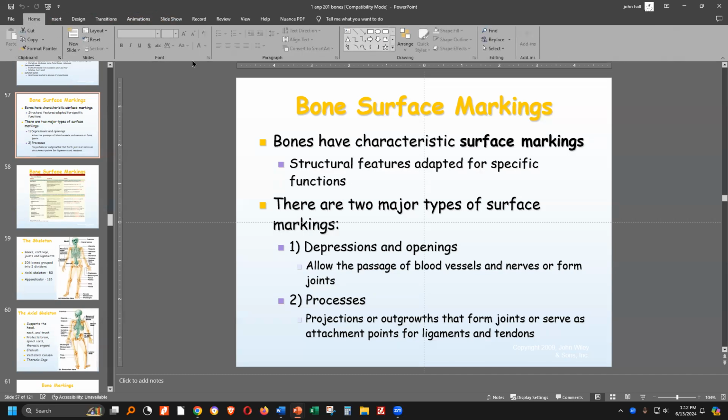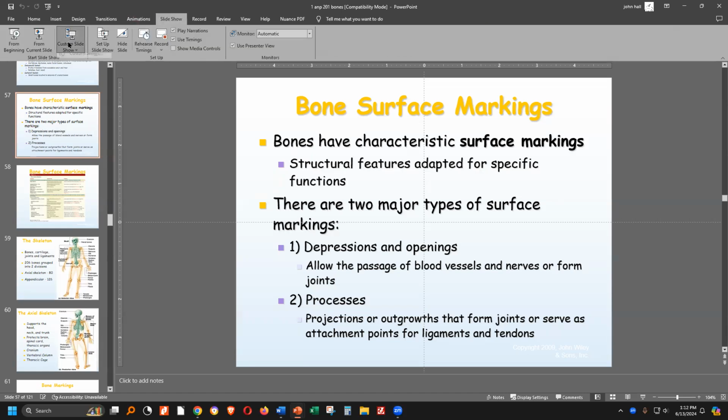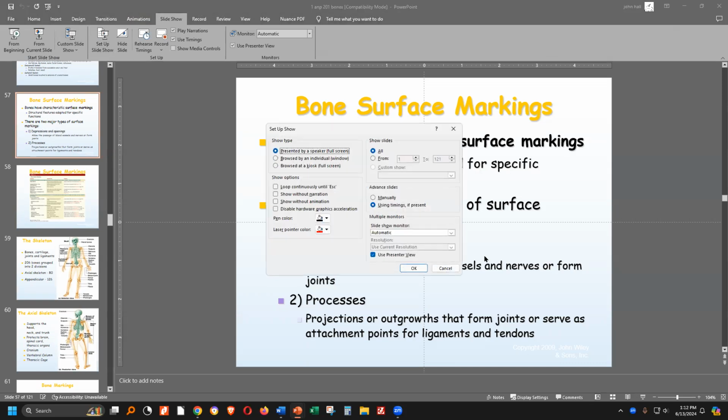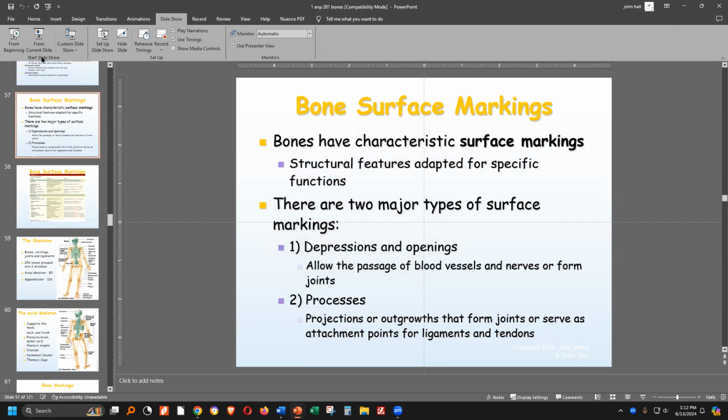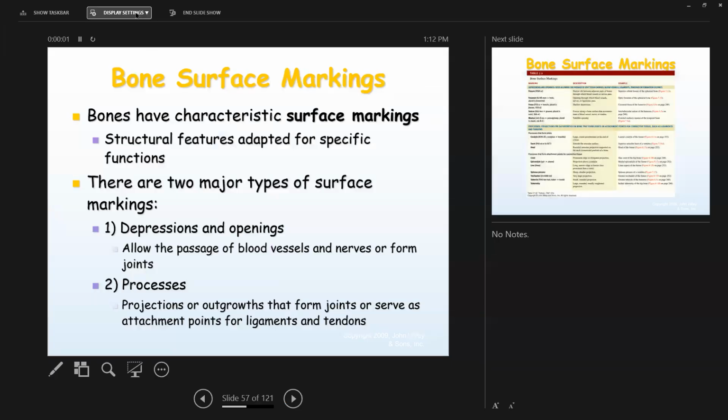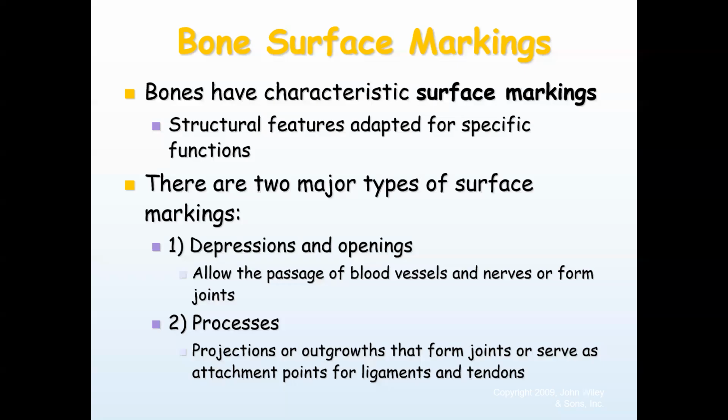Now, all the intricacies of the bone, all the bits and pieces and holes and narrowed bits, they have names, right? And they have specific functions. So what we're going to be doing is exploring the specific functions of the bone, okay? Or of the markings on the bone.